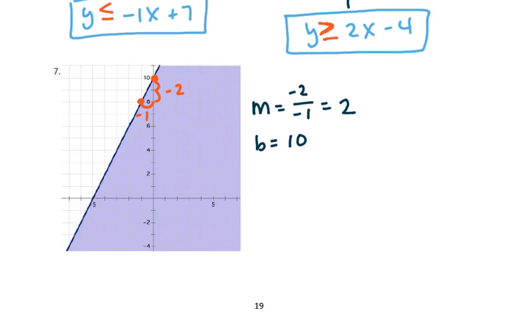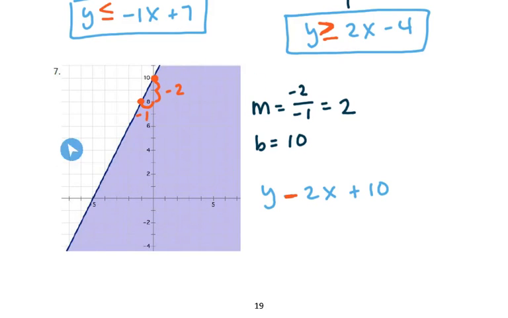So again, I'm going to start out writing this like a regular equation, 2x plus 10. But I'm going to go back here and I'm going to switch this from just a plain equals, right? It is still the line itself, so it has an equal part because it's a solid line, it's not dashed. But then it also has shading below the line.